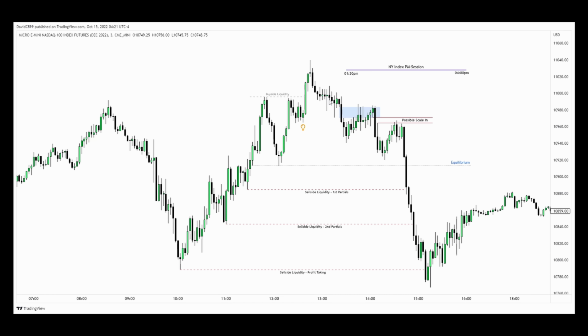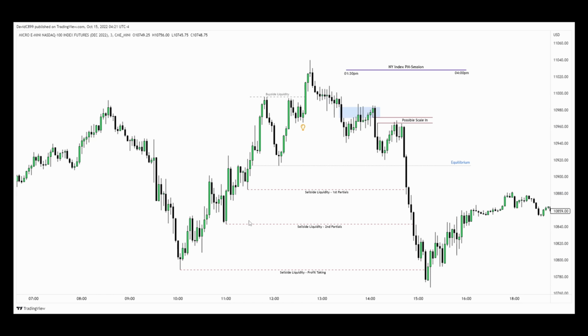We are short, so therefore we want to cover our position below equilibrium in a discount array. First partials are taken below that short-term low in a discount array. The second partials are taken below that short-term low as well in a discount array. And the final take profit is taken below that short-term low on the 3-minute chart.